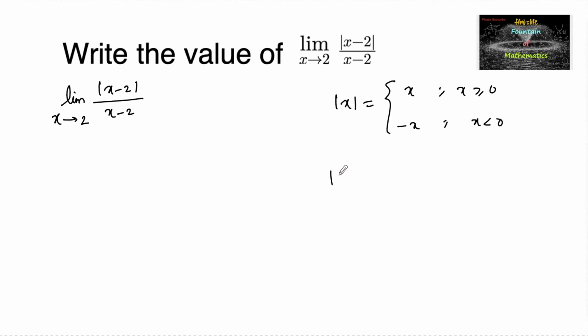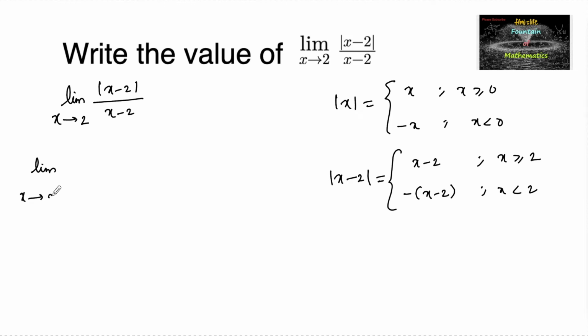So mod of x minus 2 we can write it as x minus 2 when x is greater than or equals to 2, or minus of x minus 2 when x is less than 2. So we can write here limit x tends to 2 minus mod of x minus 2 for left limit, and right limit x tends to 2 plus mod of x minus 2 upon x minus 2.